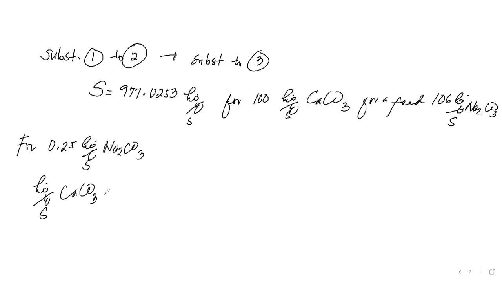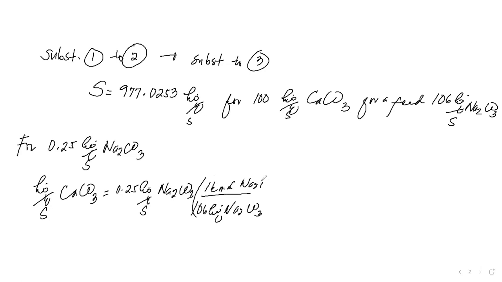So we will do that. So the kilogram of calcium carbonate per second that is produced out of the 0.25 kilograms per second of sodium carbonate can be solved using, of course, stoichiometric relationships. So we first convert the kilograms here to mole. So 106 kilogram sodium carbonate per 1 kilomole sodium carbonate.